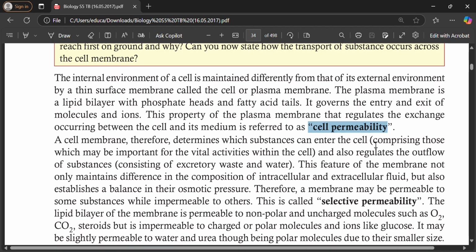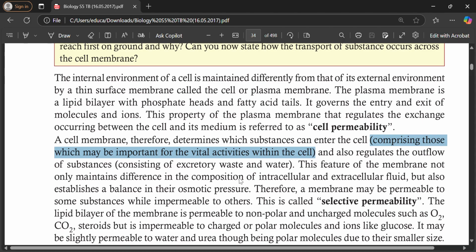Here we need to know which kinds of substances the cell membrane allows to enter the cell, and which kinds it allows to flow out. The substances allowed in are those important to the vital activities of the cell, everything the cell uses for respiration, feeding, and many other things.